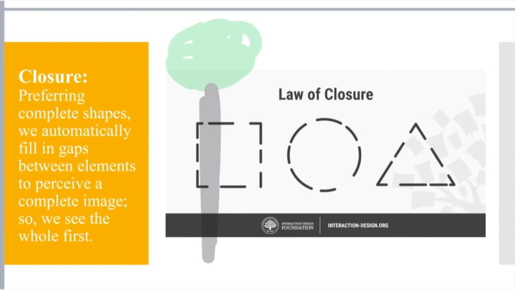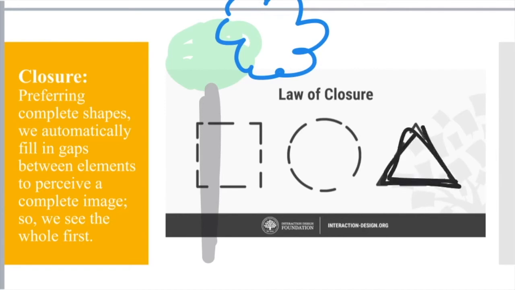And maybe there's a cloud off in the background, but you can only see part of the cloud. Our brain fills this part in, right? That's closure, okay? And obviously in this instance, we see a full triangle, we don't just see a bunch of little lines right here. We see a full triangle, we don't just see individual lines.